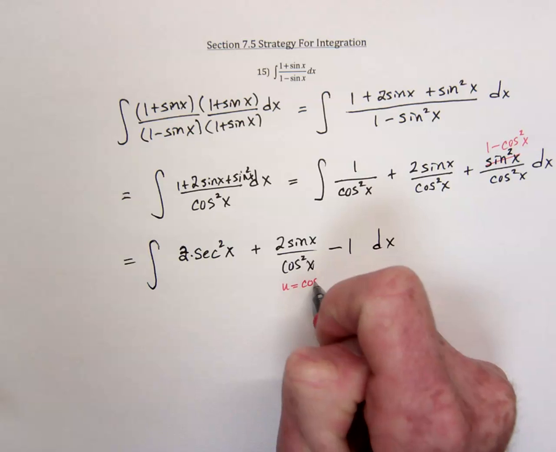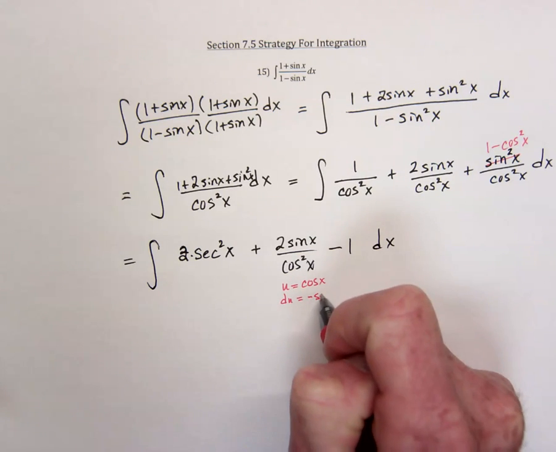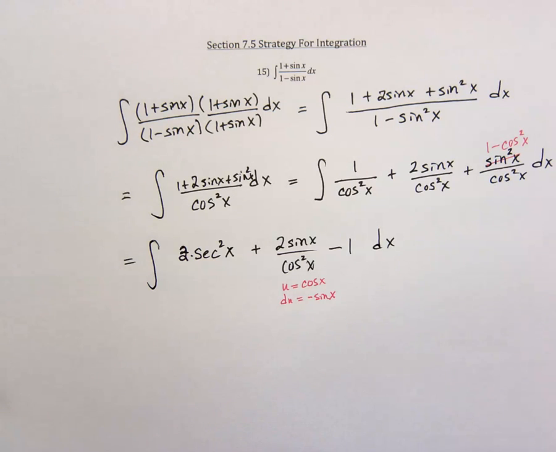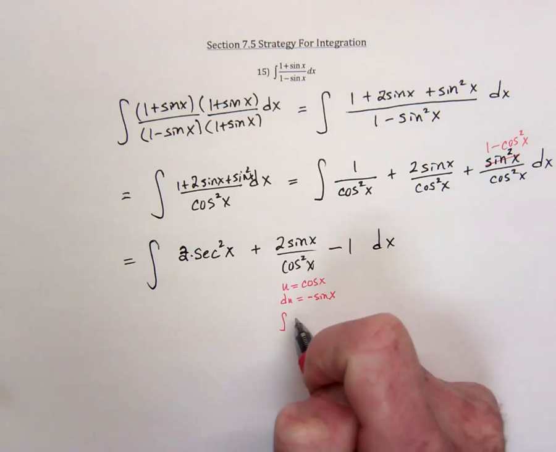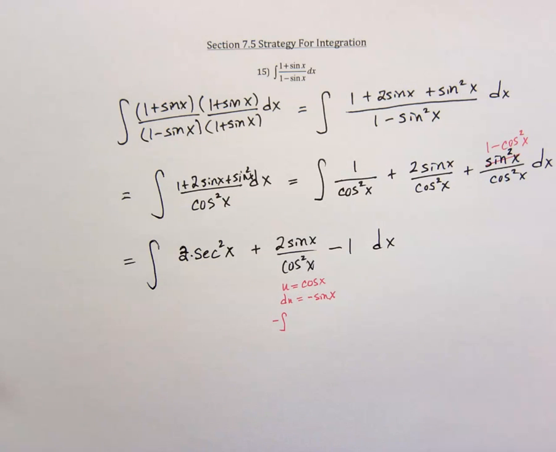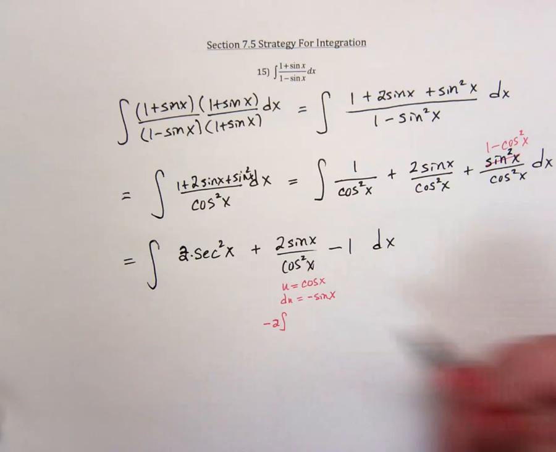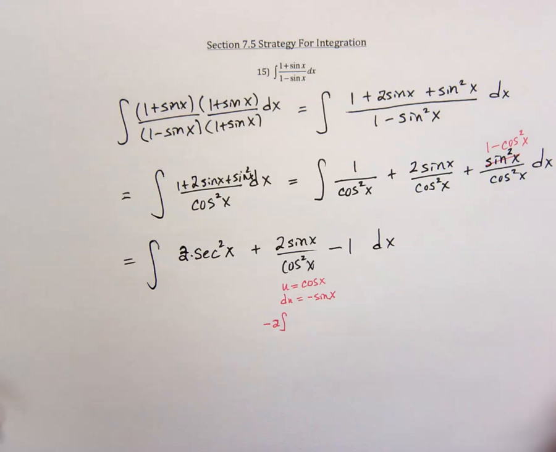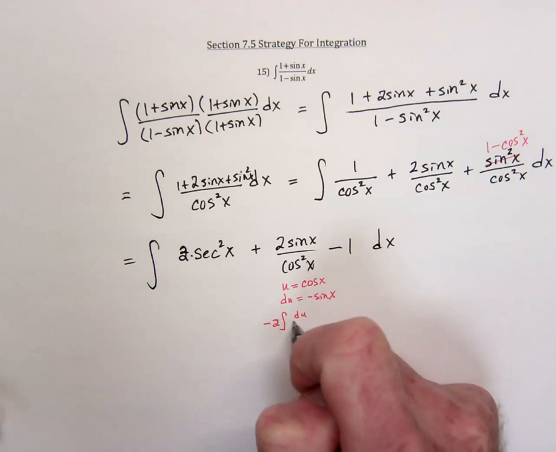So we just need to use u substitution for this one. u is equal to the cosine. The derivative of that is negative sine of x. We would then be integrating, put the negative sign on the outside, and I can put the 2 on the outside as well. So then this would be the du.